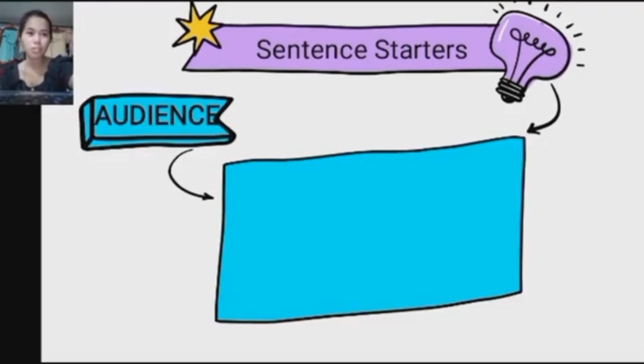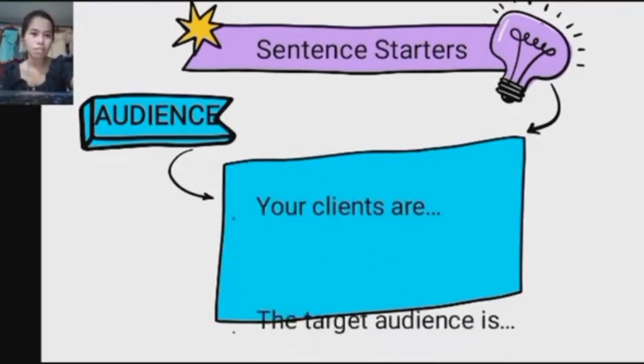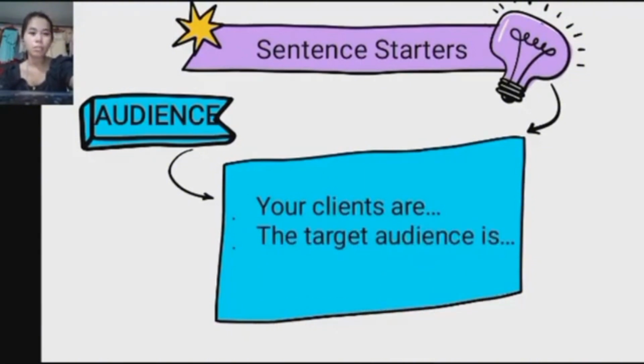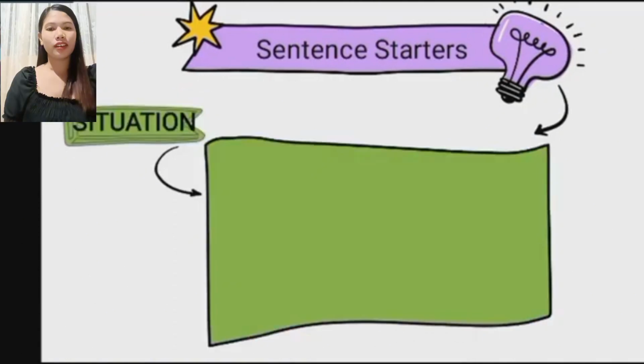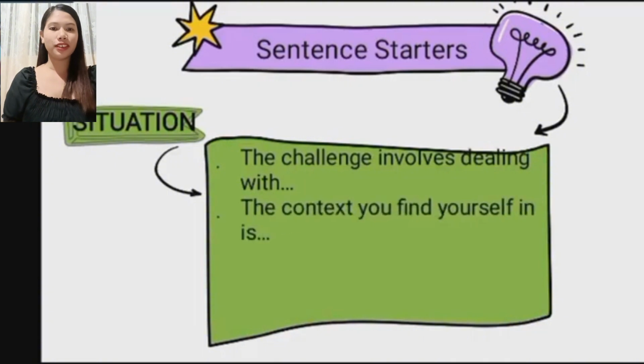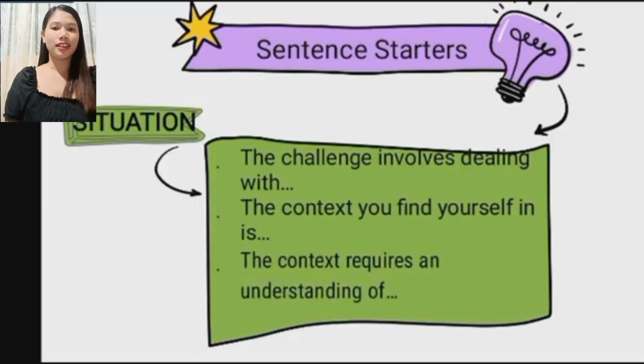For the audience, we have sentence starters such as: your clients are, the target audience is, and you need to convince. And for the situation, the sentence starters are: the challenge involves dealing with, the context you find yourself in is, the context requires an understanding of.